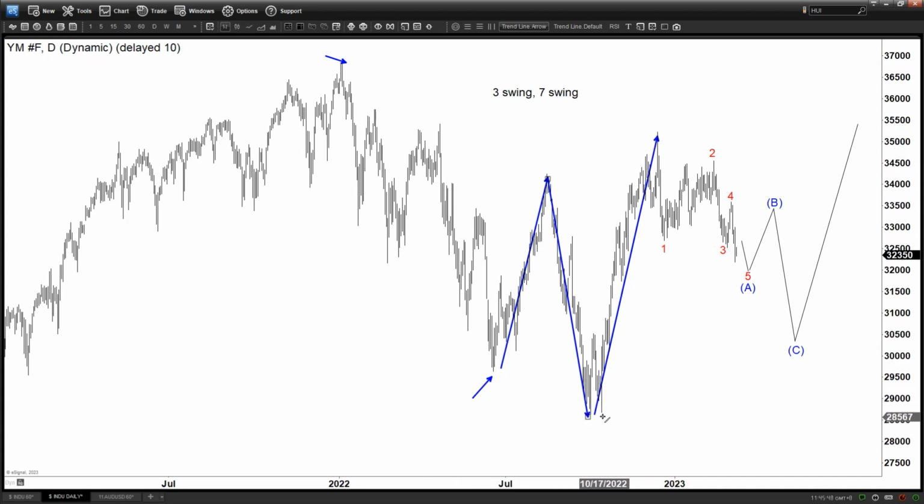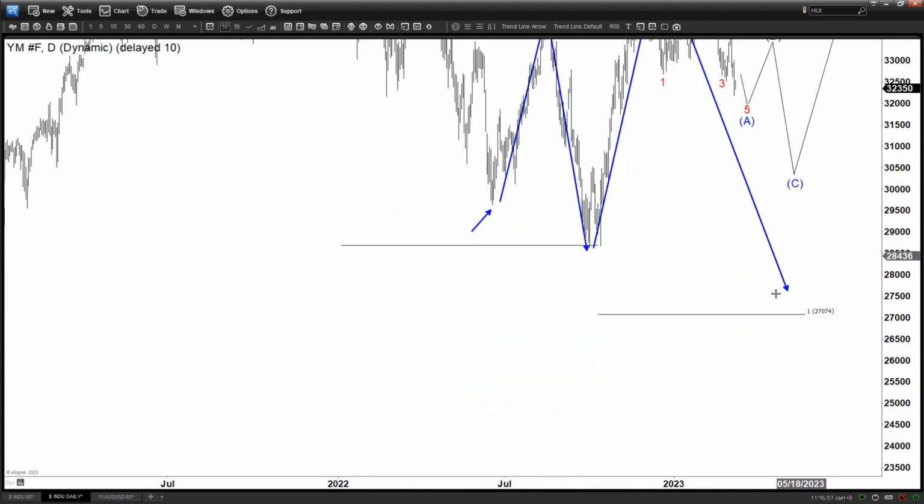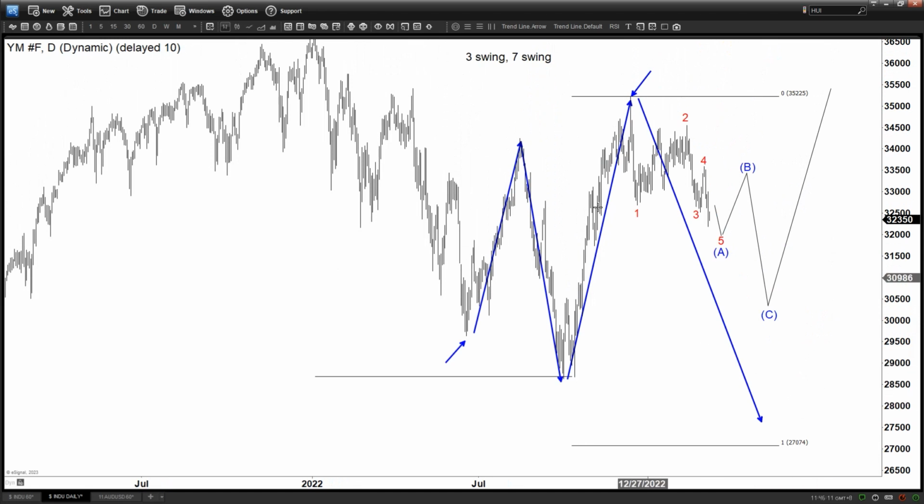Because in an expanded flat, the C leg is 5 waves. And if that's the case, this is actually a major high for the time. If it's an expanded flat from here, this is a major top, and then we can go down like this, break below this low, and open up a much bigger move to the downside. It can go to 27,074. So just something to keep in mind for the long term.